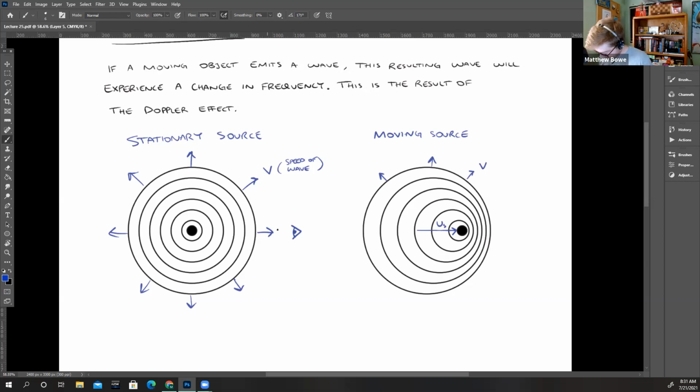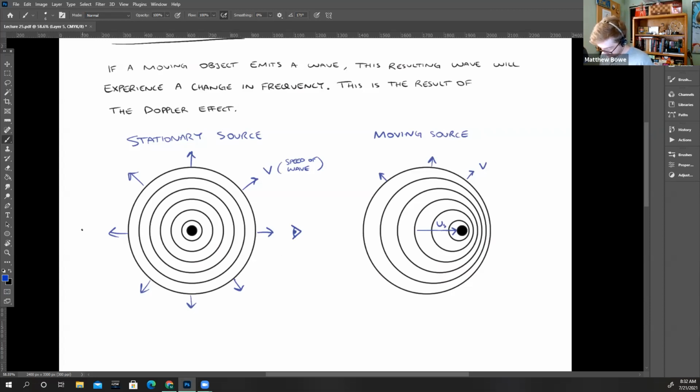Since they're all moving outward, they're all going to be at the same spacing that they left the car itself. So nothing really happens to the frequency for the observer looking at this.